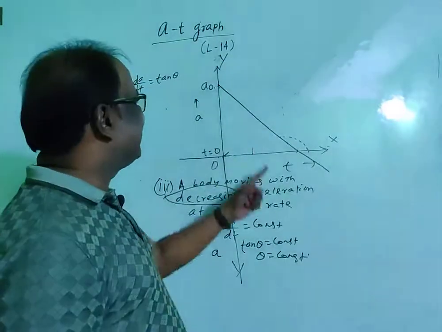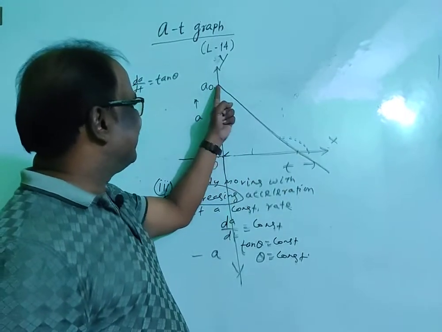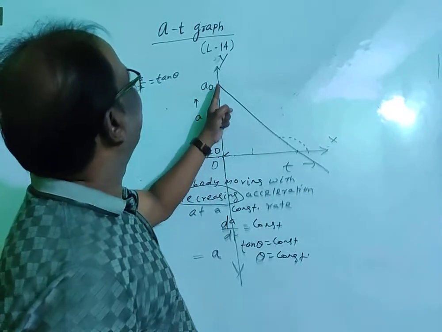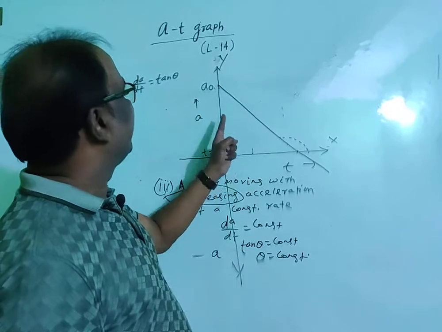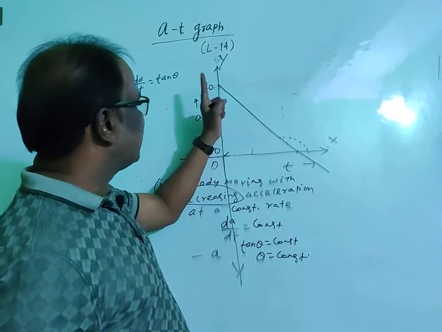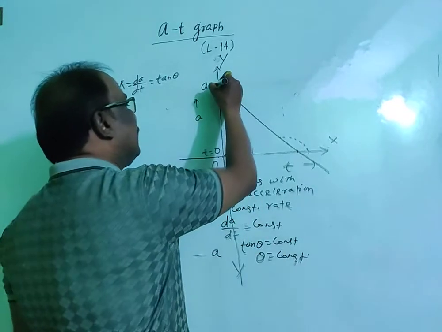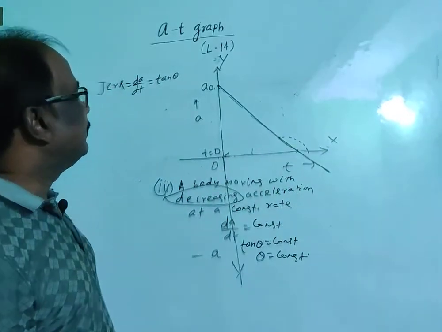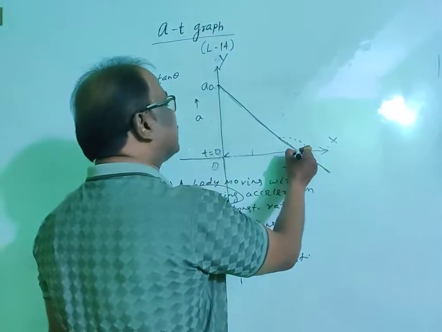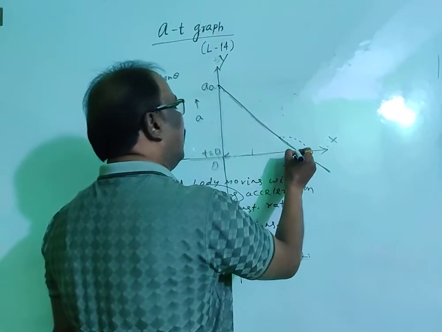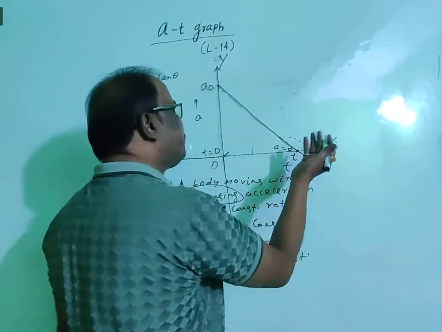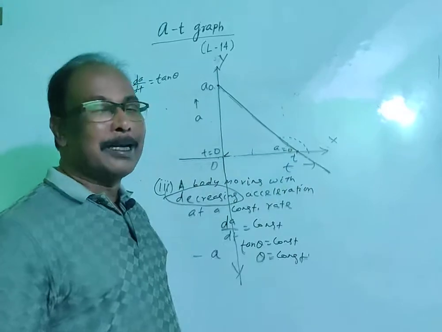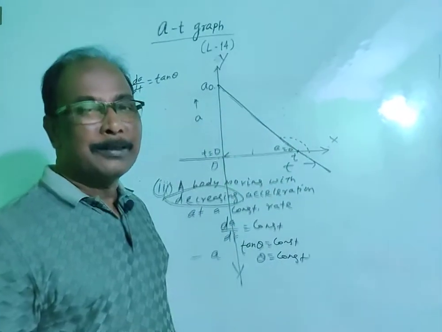The value of acceleration is a naught at t equal to 0, and acceleration goes on decreasing, and acceleration is 0 at this point, at some instant of time t. Okay, thus acceleration decreases at a constant rate, and here also the slope is constant. Okay.